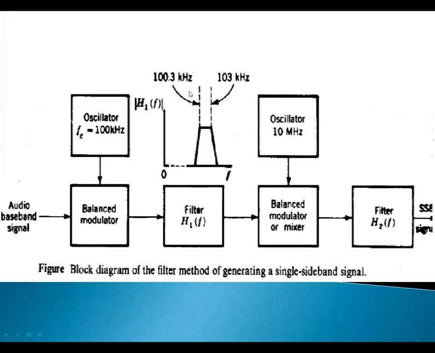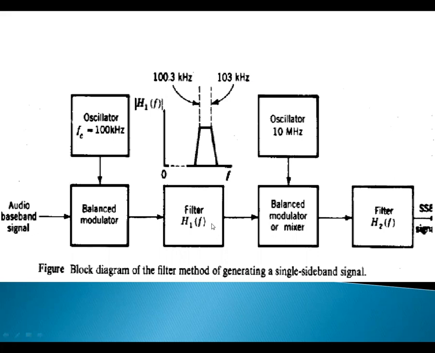So the band available now is 100.3 kHz to 103 kHz. After the filter, this signal is available, and it is only a single sideband. This is the filter response: the x-axis is frequency f, and the y-axis is the transfer function magnitude |H1(f)|. The filter extracts the band of signal from 100.3 kHz to 103 kHz.